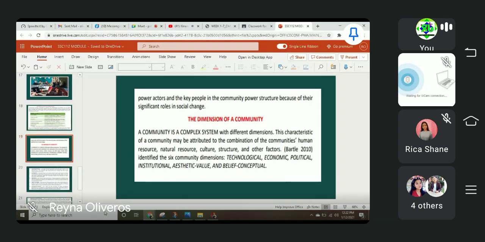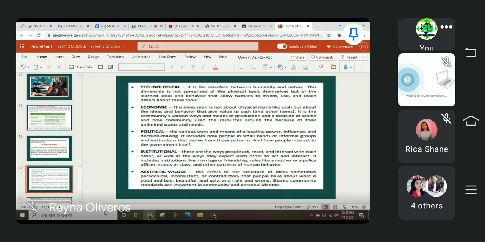Nakabase pa rin yan sa libro na Bartel noong year 2010. Actually, that is a survey. Okay? And the Bartel also identified the 6 community dimensions. Tatandaan niyo po, what are the 6 community dimensions? Technological, economic, political, institutional, aesthetic value, and belief conceptual.